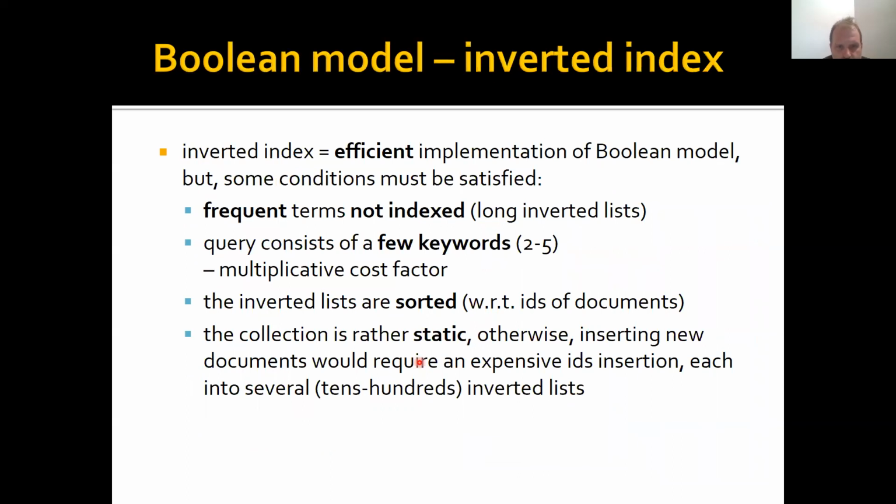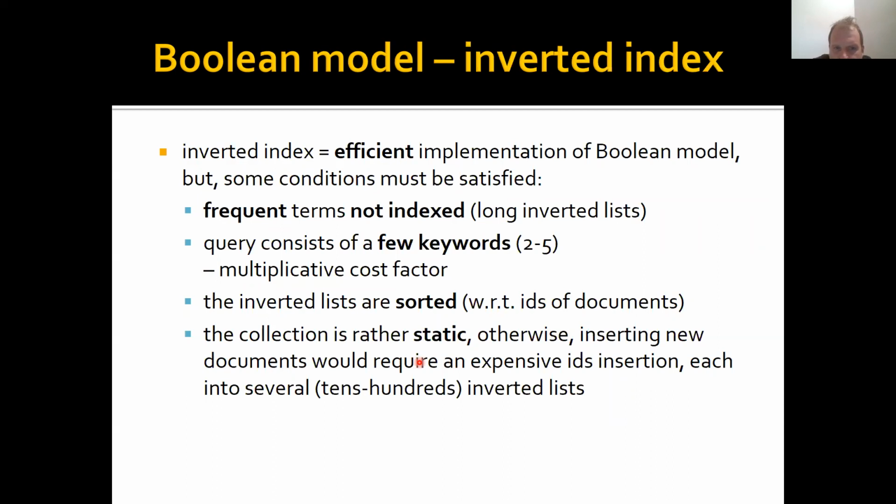Okay, now just a summarization. What are the assumptions for the usage of the inverted index? The inverted index is a very efficient implementation of Boolean models. So making an inverted index from the term-by-document matrix is very efficient, but there must be some assumptions satisfied.